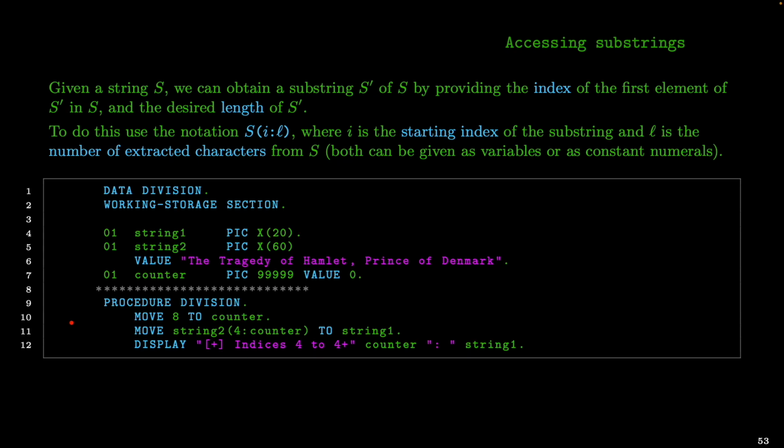Here we have an example for that. Again, we have our string with the value, the tragedy of Hamlet, Prince of Denmark. We move 8 to the counter variable and then we take the string name, string 2 in this case, beginning at position 4 with the length counter, so 8 in this case, and we write the result to string 1.